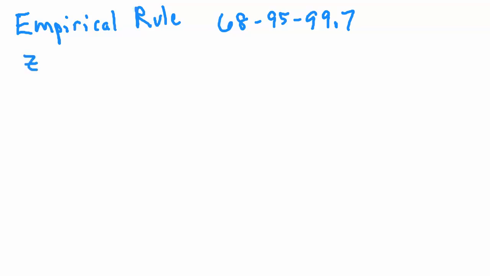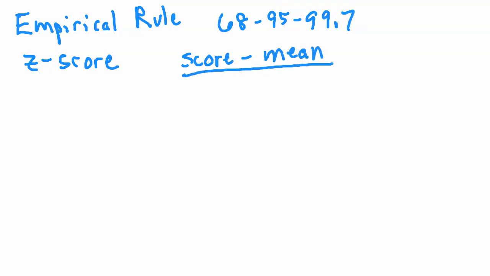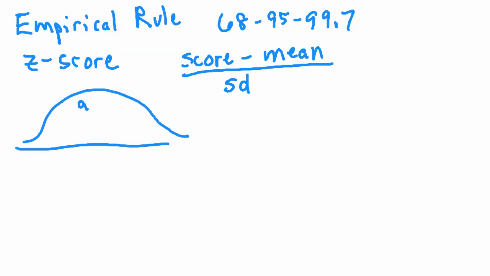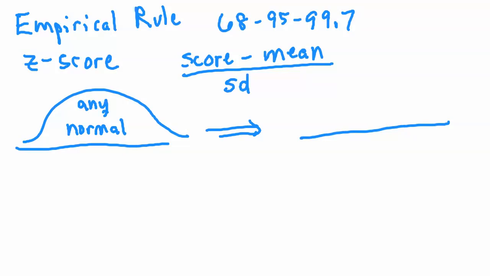We talked about the z-score formula, where you take your score minus the mean divided by the standard deviation. We talked about that we could take any normal curve, translate it to the standard normal curve with the z-score.